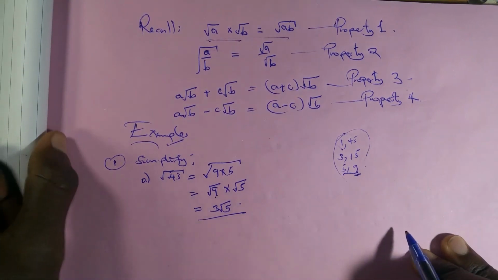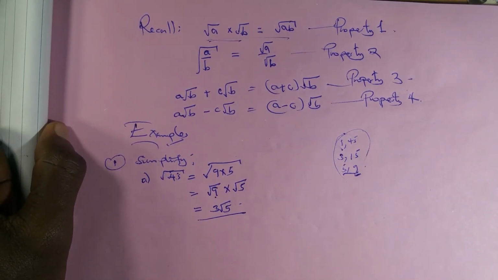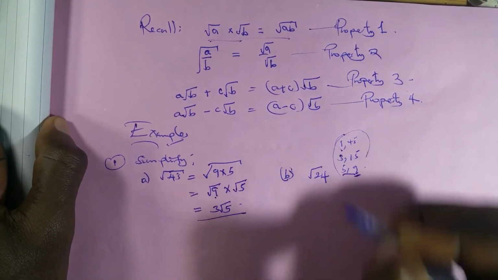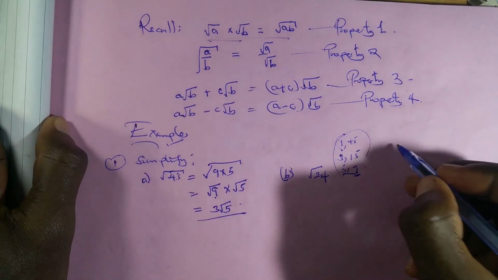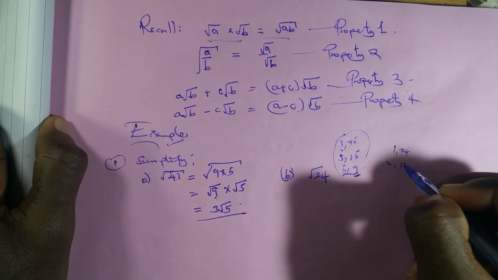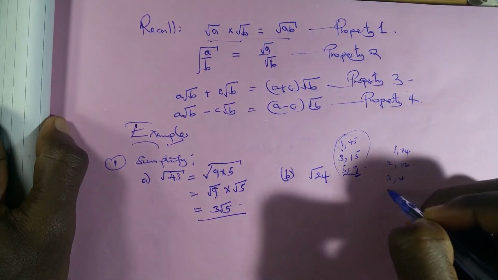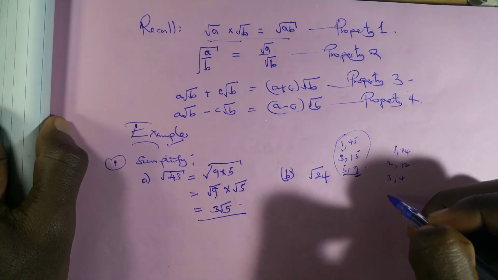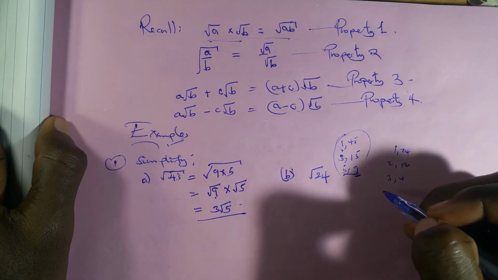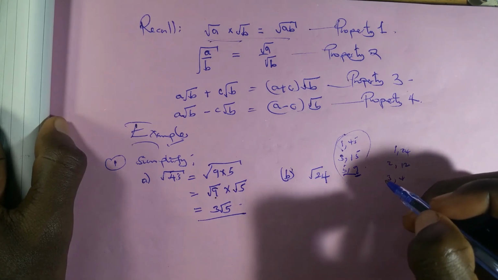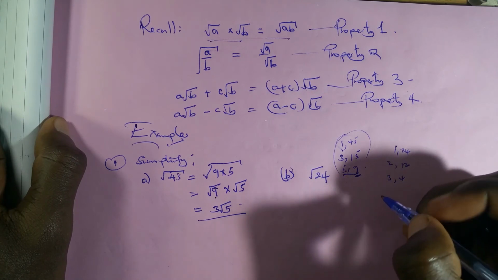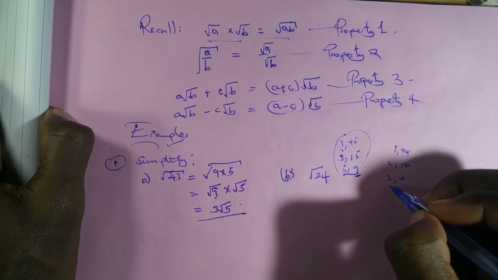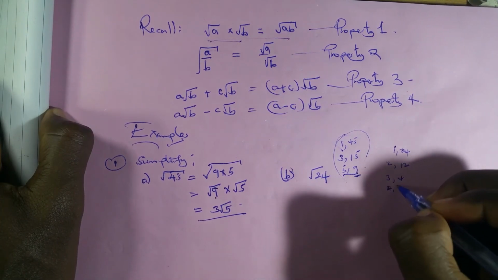Let's look at another one. (b) root of 24. You still look for product factors of 24: 1 and 24, 2 and 12, 3 and 8, 4 and 6.